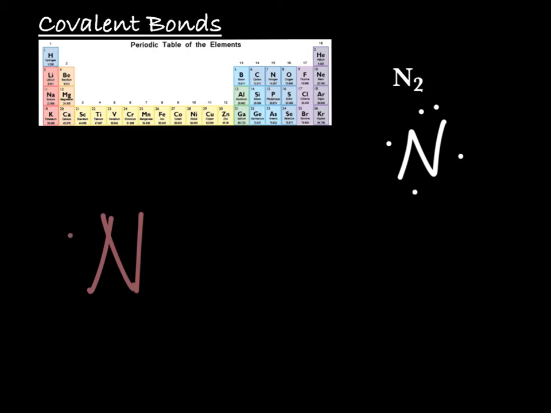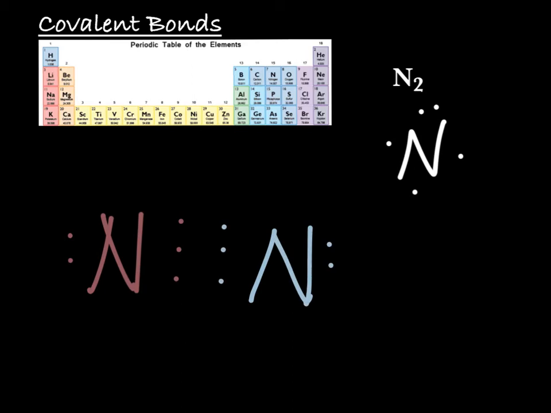Again, this is just going to make life a little bit easier when we're drawing the diagram. And then these 3 lone electrons that are going to be involved in the bonding, I'm going to put in the middle of where my drawing is going to be. This is just to make life easier. And then my other nitrogen is going to be the mirror image of that.